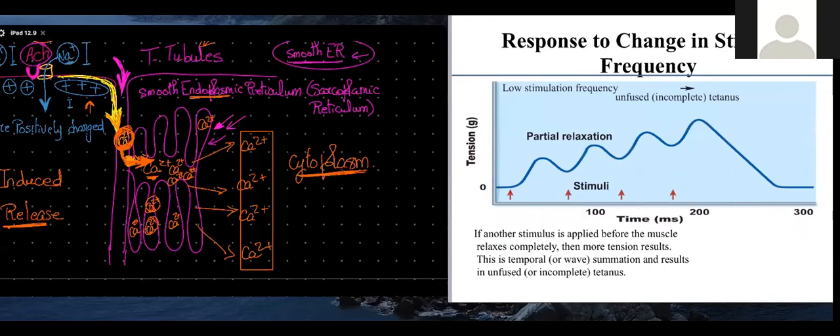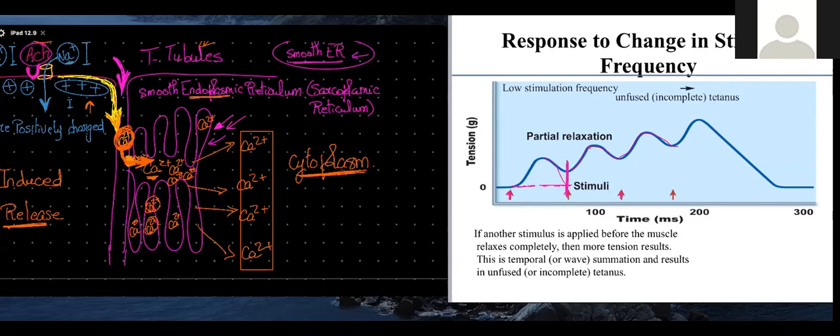What if you get more than one stimulus? Each stimulus is supposed to be followed by a contraction, followed by a relaxation. But what if you don't allow the muscle to fully relax? I didn't allow the muscle to return back all the way to the base tension.